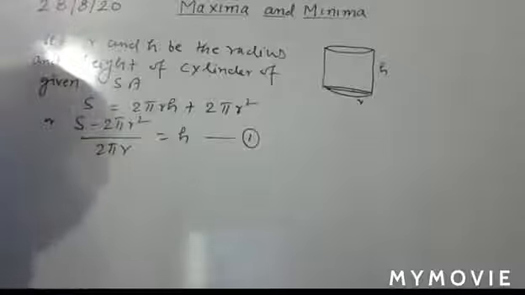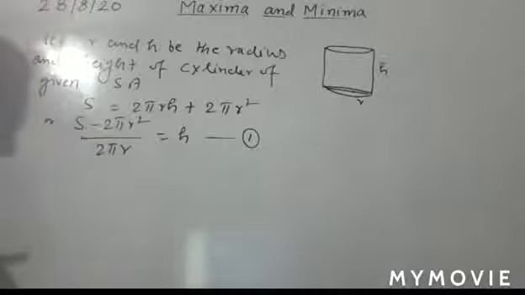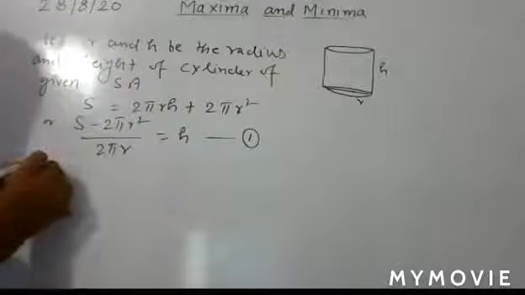Now which quantity is to be maximized? Here volume is to be maximized, and you are trying to prove that its height is equal to the diameter of the base.